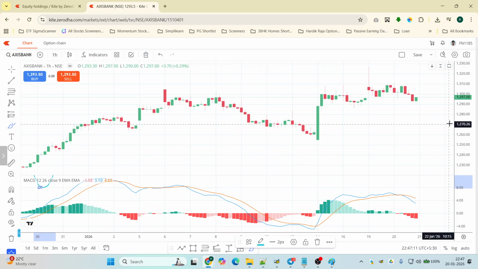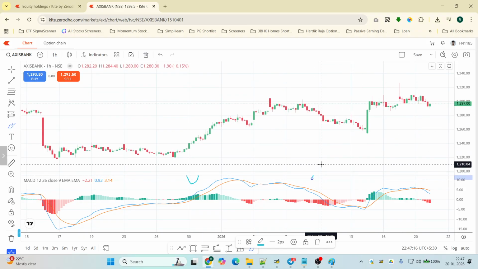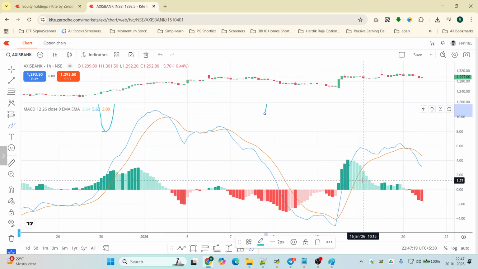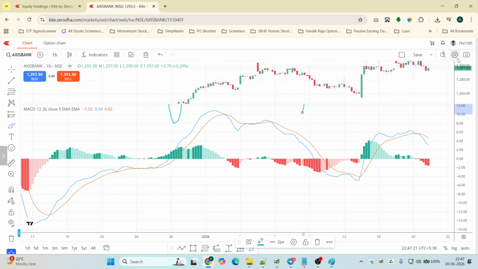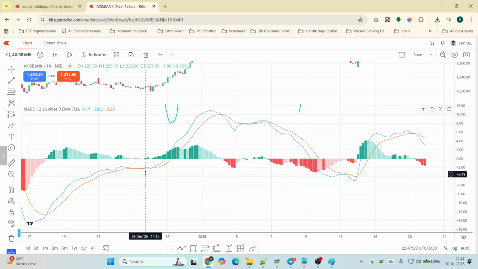For now I'm just reducing the size of this chart and expanding the size of the MACD just for you to get an understanding. Here I'm highlighting this point. You can see in this particular area the lines are very close, so the histogram is also very small.